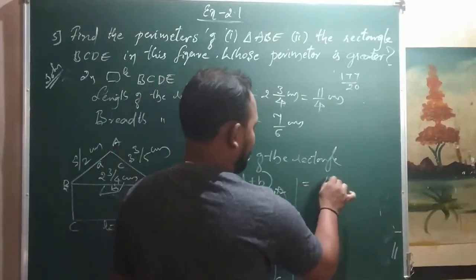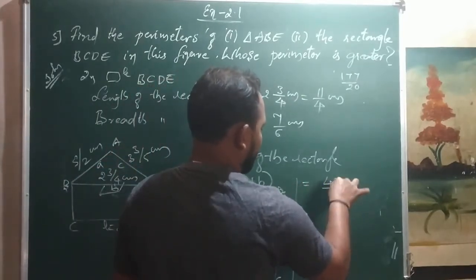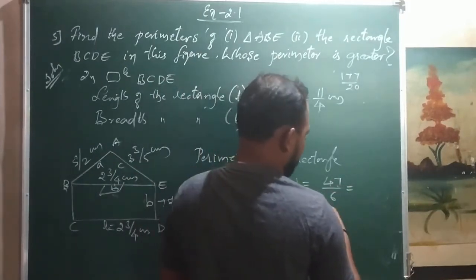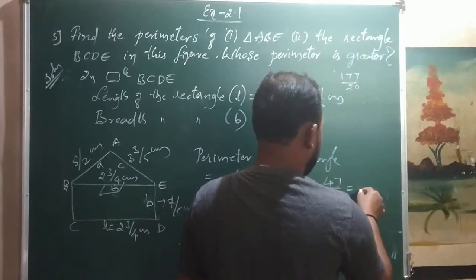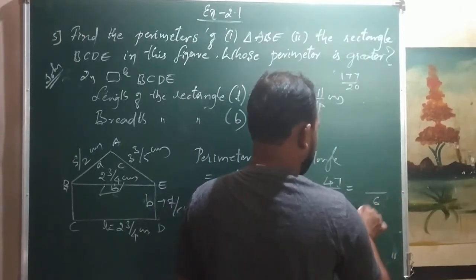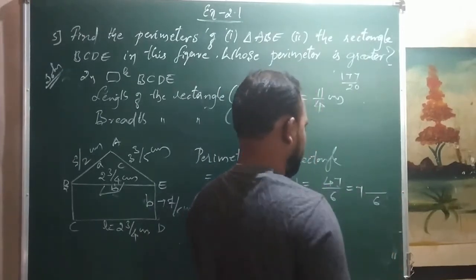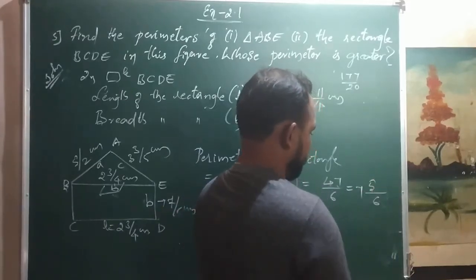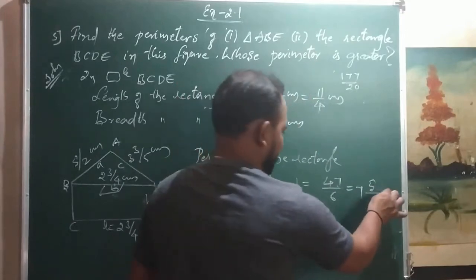It means 47 by 6. Write in the simplest form. Here 6 7s are 42, and 5. The 7 integer 5 by 6 centimeter.